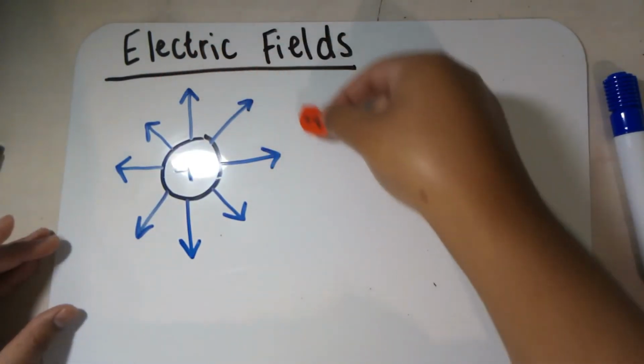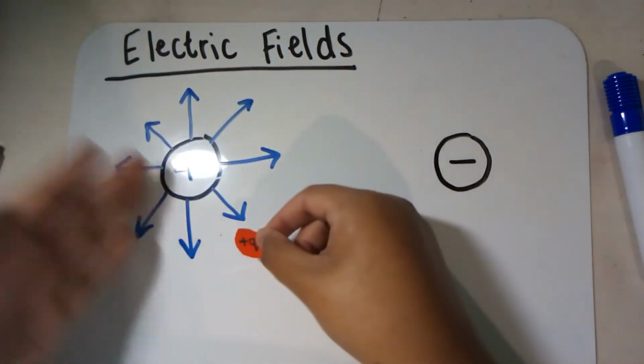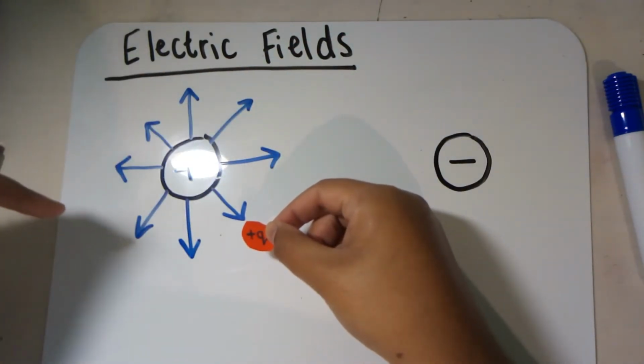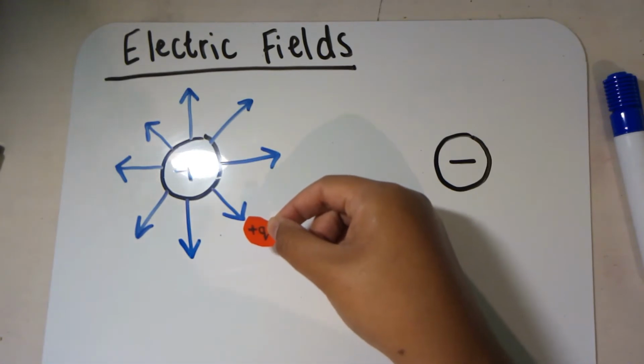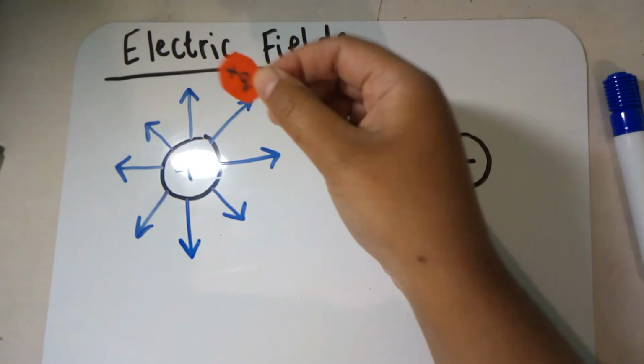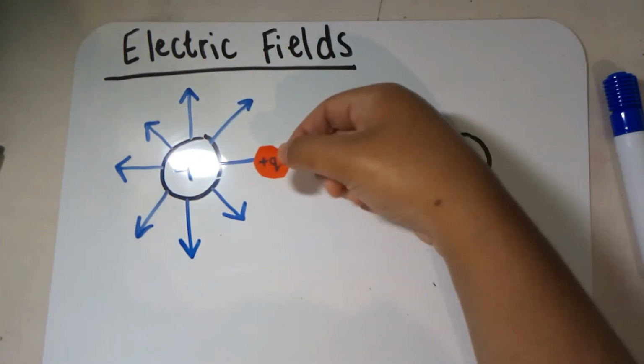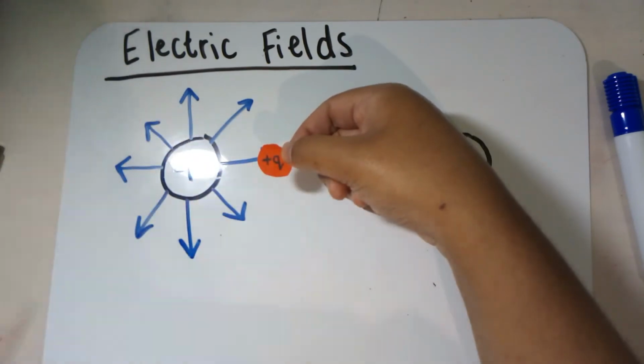Similarly, if I put my positive test charge anywhere around this field, it will be pushed away according to the field diagram arrows, right? And this is how we actually get the field diagram for a positive charge: if I put a positive test charge anywhere in this field, it will be pushed away, and that is why the field diagram looks the way it does.